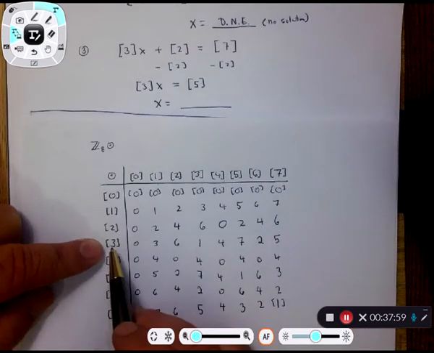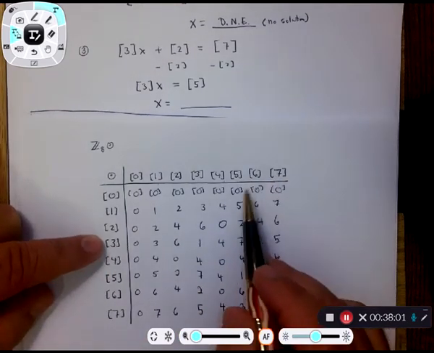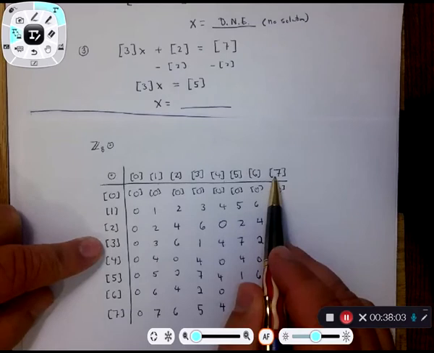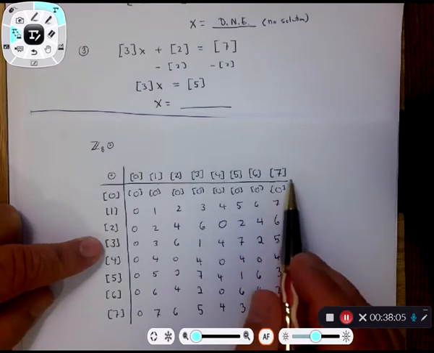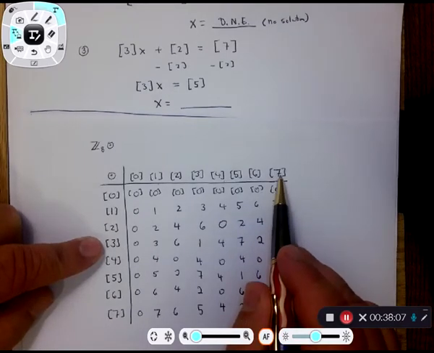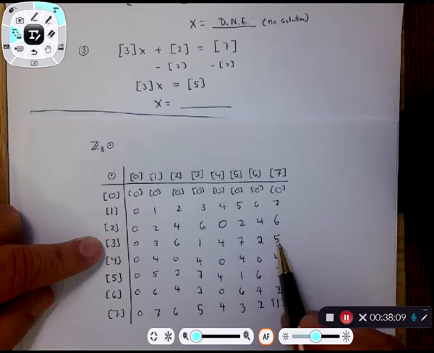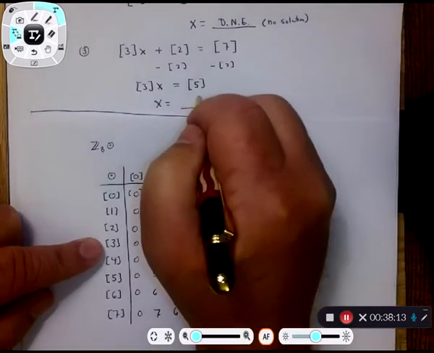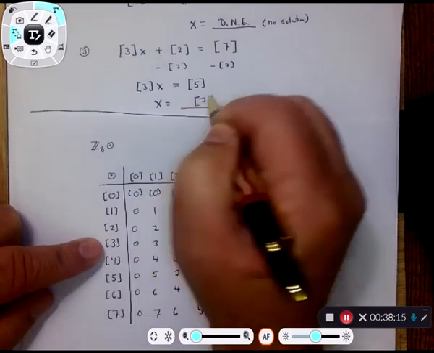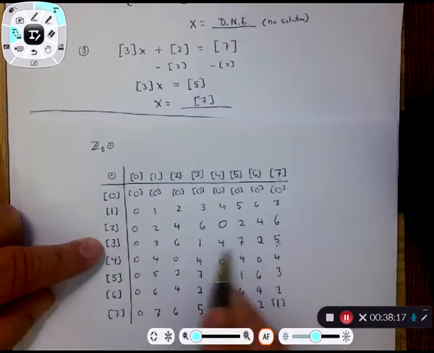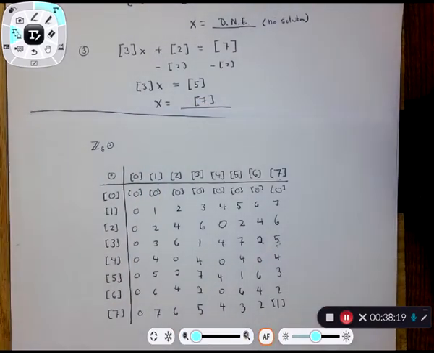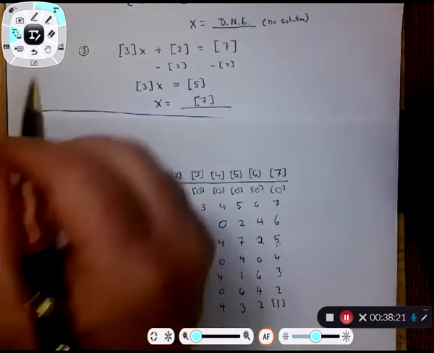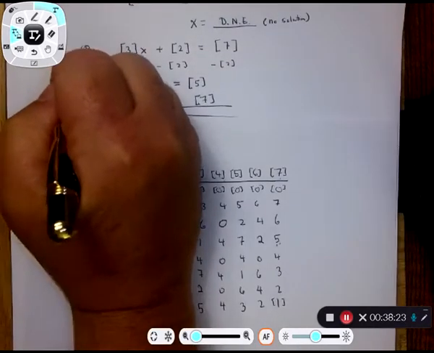You could also do this. 3 times 7 is 21. Subtract 8, so if you subtract 16 from 21, you're left with 5. So the answer that I need to multiply 3 by to get that 5 is actually 7. And there's only one answer that gives me that. But again, going back to the theorem, we're in the wonderful world of Z mod 8.